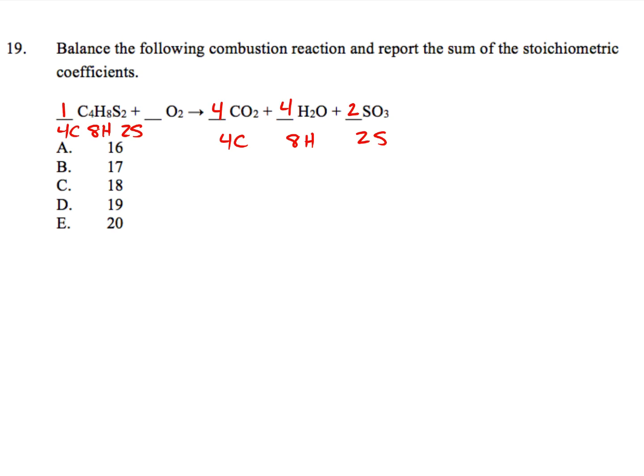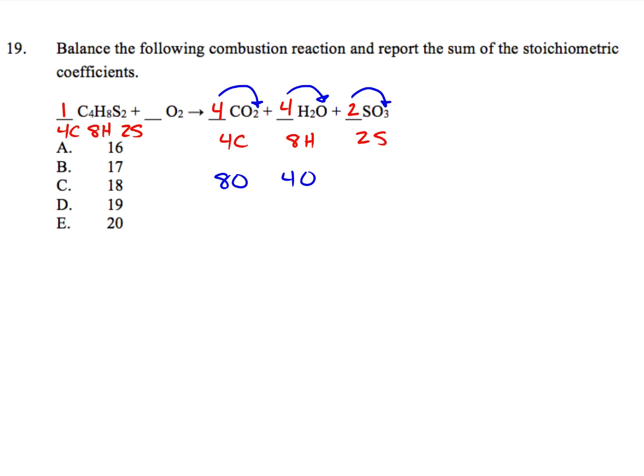So the tricky part here is just adding up all of your oxygens. So in the CO2, I have 4 times 2 is 8 oxygen. In the water, I have 4 times 1, that's 4.